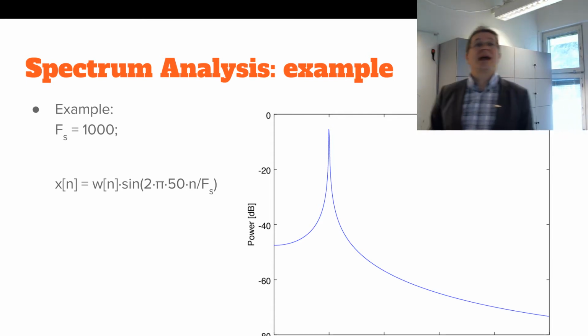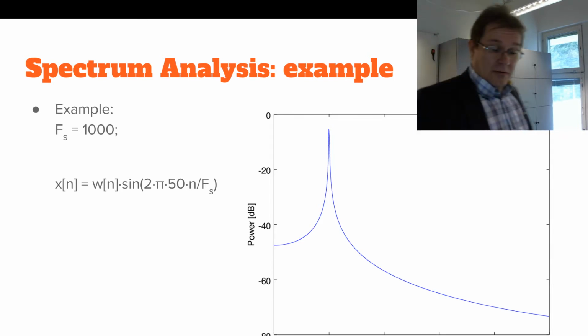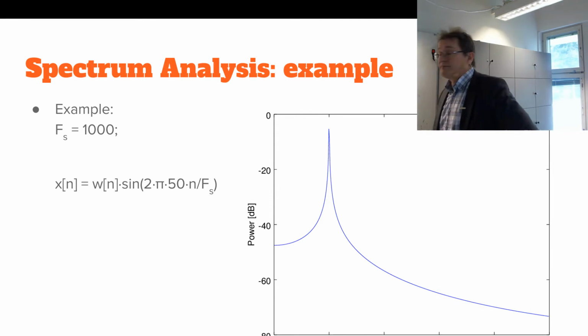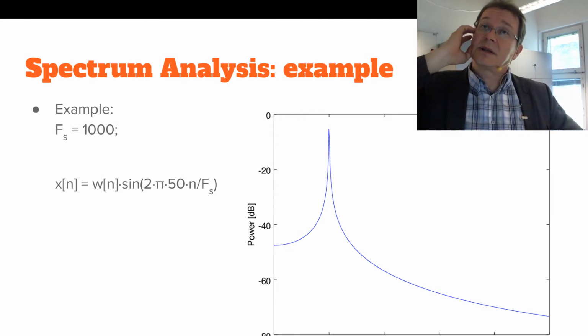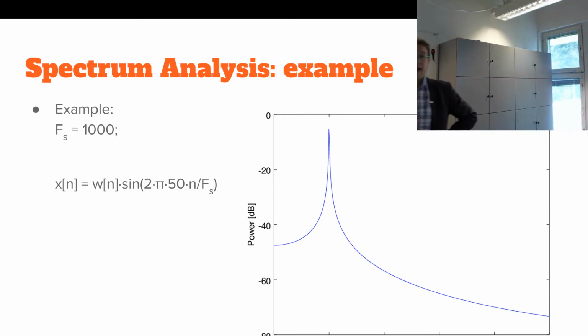Well, we have a discrete amount of data. It's our sampling window. Mathematically, we have to take that into account. So that actually shows the 50 hertz has a peak on it, and it's exactly at the 50 hertz just by accident.